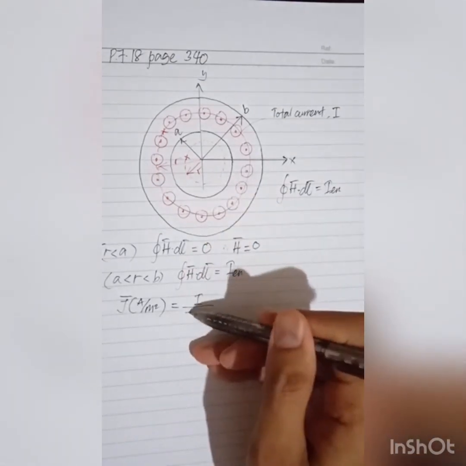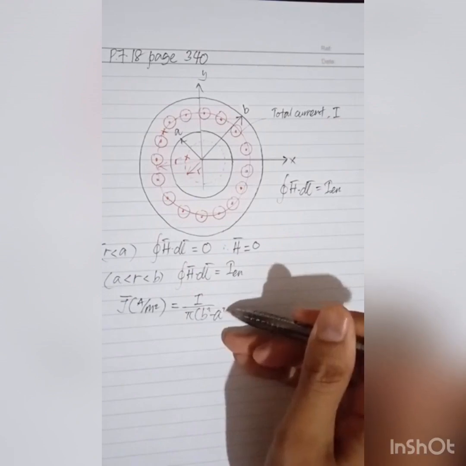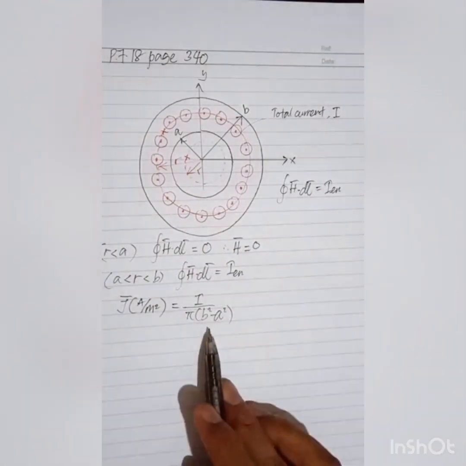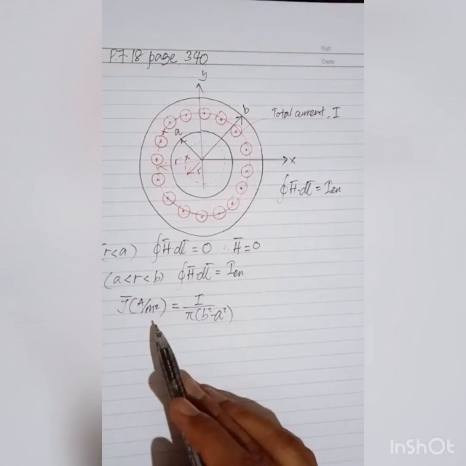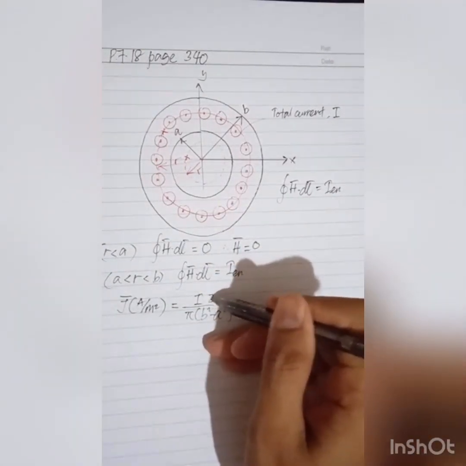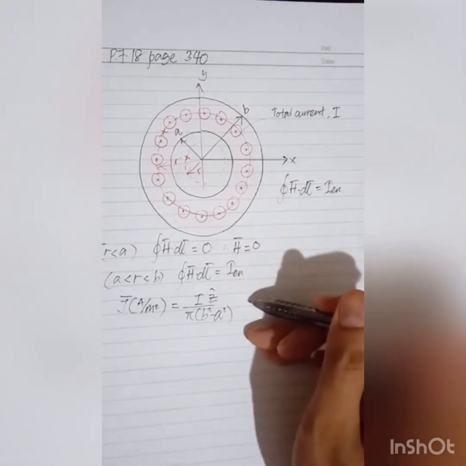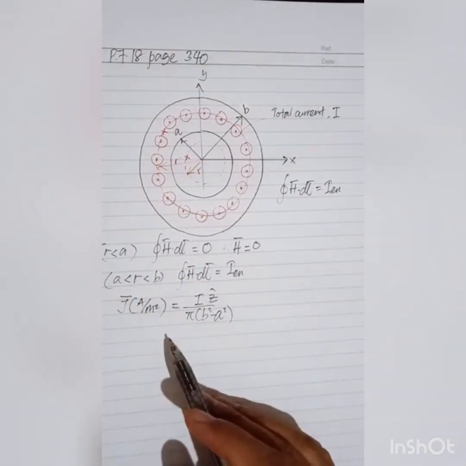That gives pi times (B squared minus A squared) as the effective area for this current. That's our volume current density, and we know this current flows in the positive z direction, so we put the direction a_z over here. That's our volume current density.